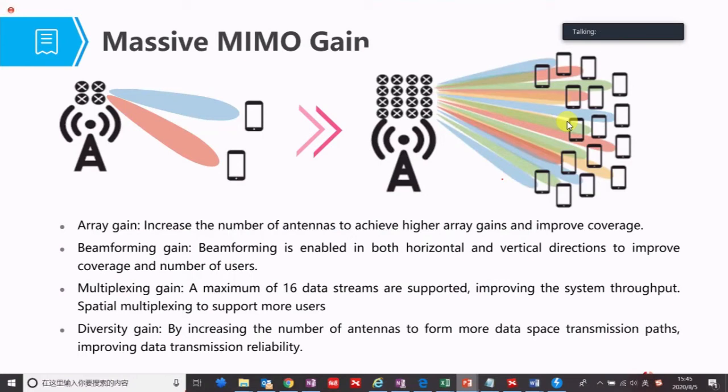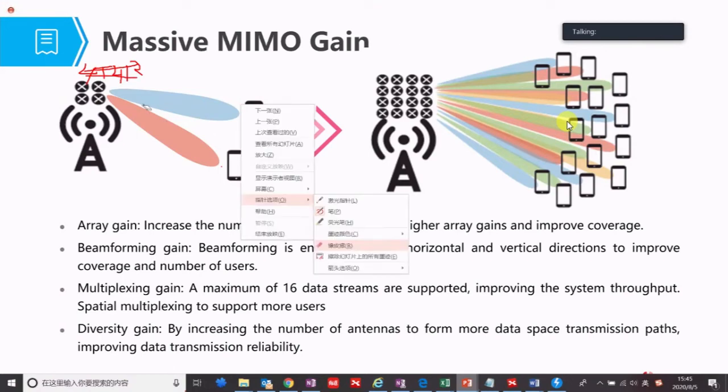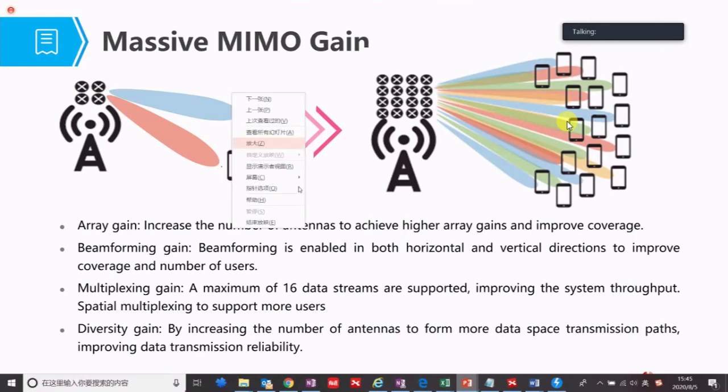gain, you can see the left side is LTE 4T4R. We have 4T4R, and for 8T8R, sorry.